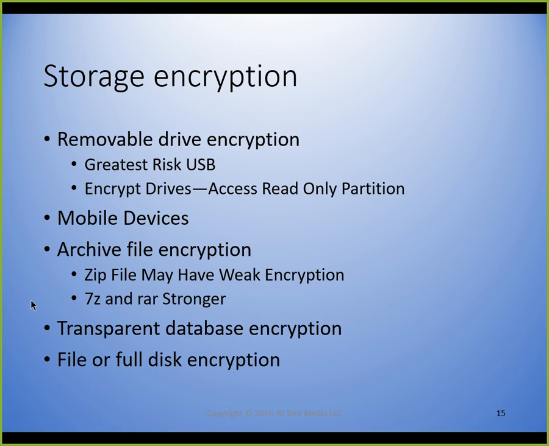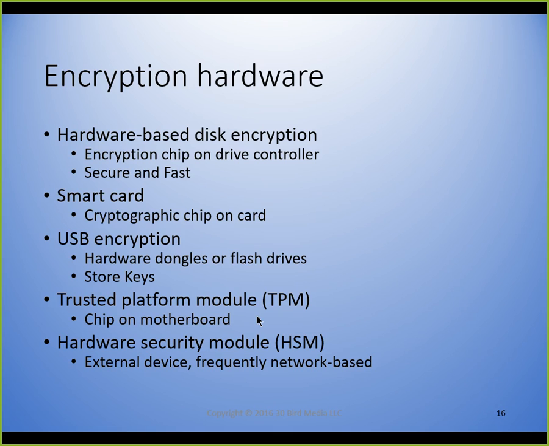Databases have transparent encryption, and then we have file or full disk encryption. We've looked at file encryption. Full disk encryption is available, with a little bit different setup. We'll get to that slide in a minute. Hardware-based disk encryption has a chip on the drive controller, secure and fast.